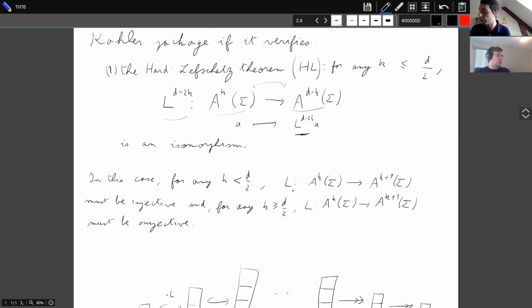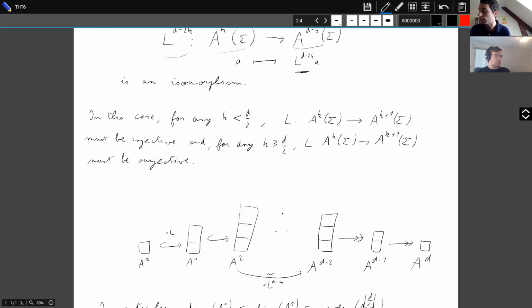So we must have an injection between A^K of sigma and A^(K+1) of sigma. And dually, more or less, for K at least half of the dimension, we must have a surjection: A^K of sigma must be surjective onto A^(K+1) of sigma.